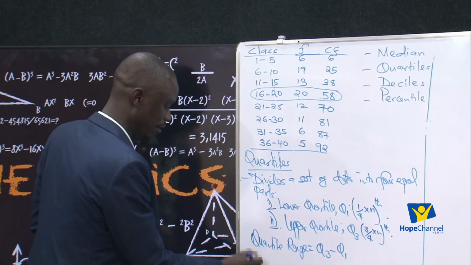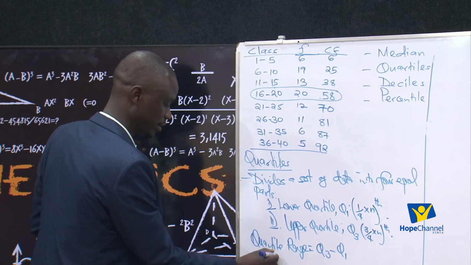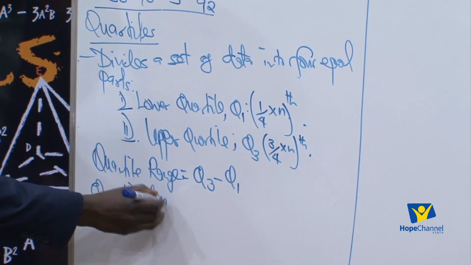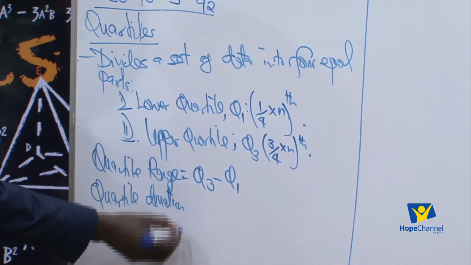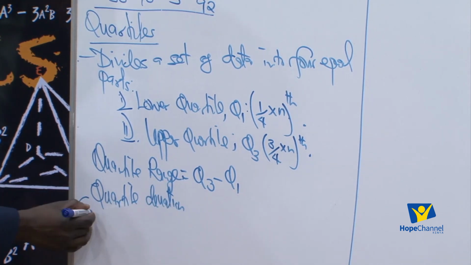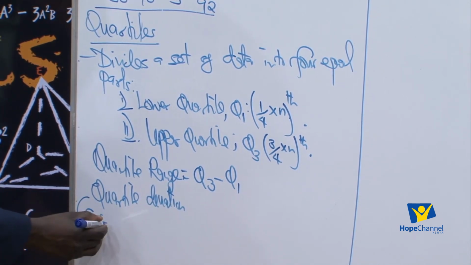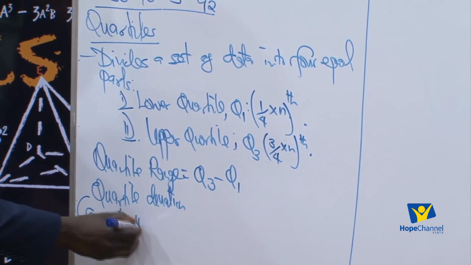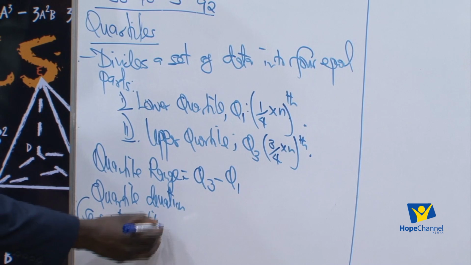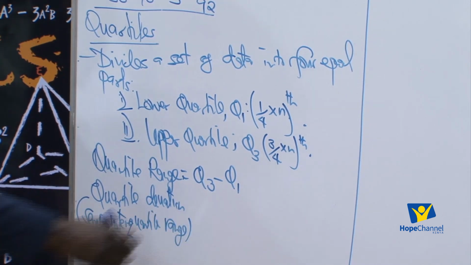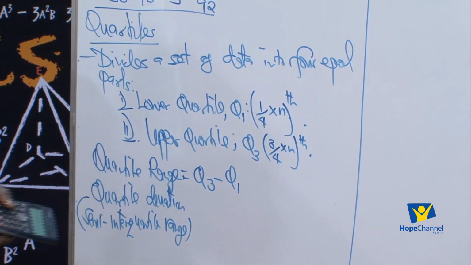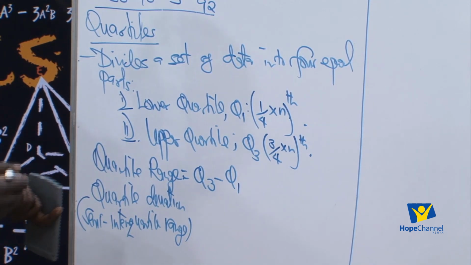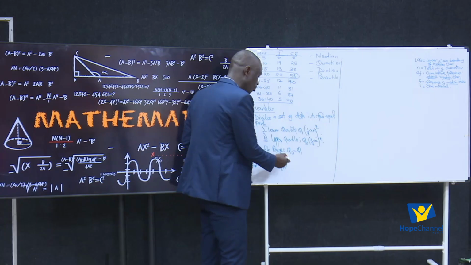Then we have what is called quartile deviation. Quartile deviation is also referred to as the semi-interquartile range. Sometimes you'll find somebody asking you to find the semi-interquartile range. It is also known as the quartile deviation.